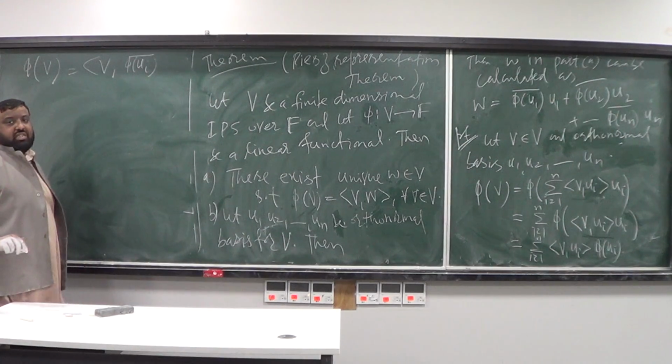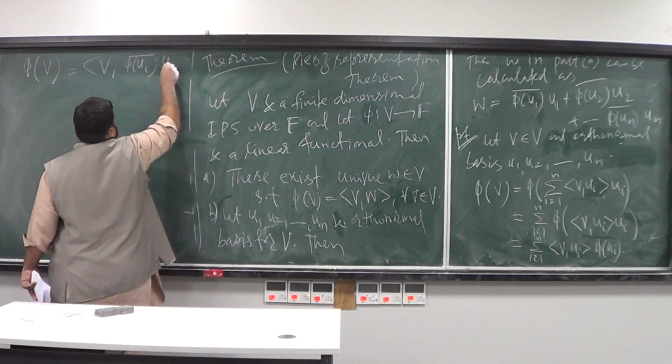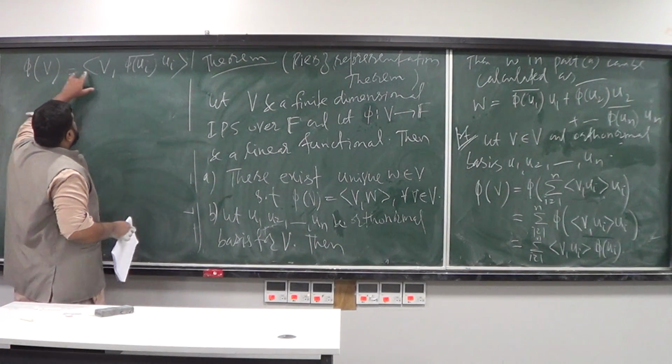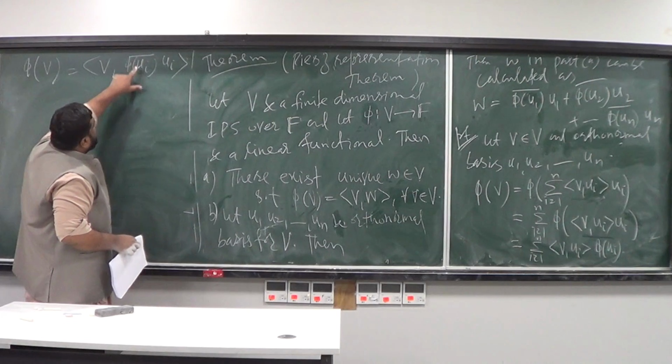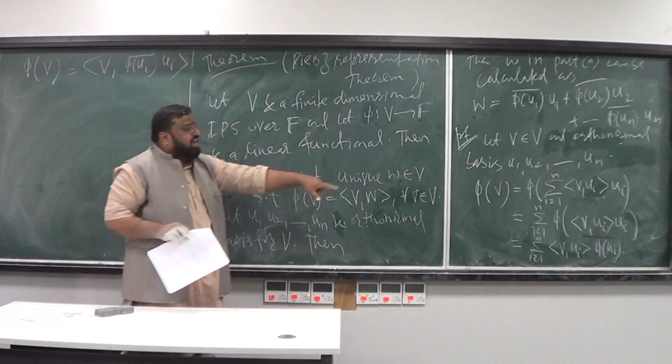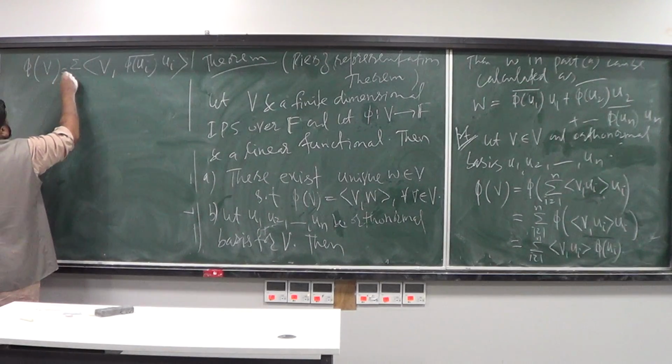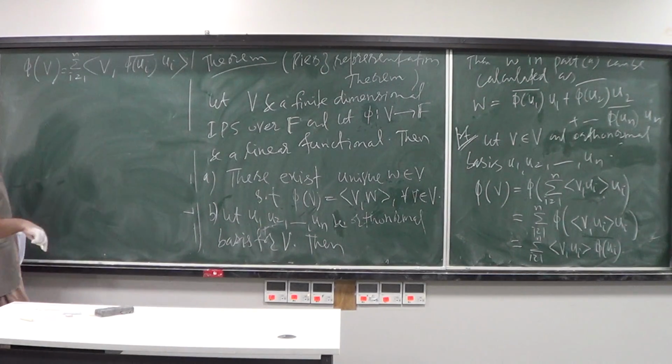We need to conjugate it. Why? Because if you pull this out, this will become the conjugate of the conjugate, which will become phi of ui. And the sum i equal to 1 to n.